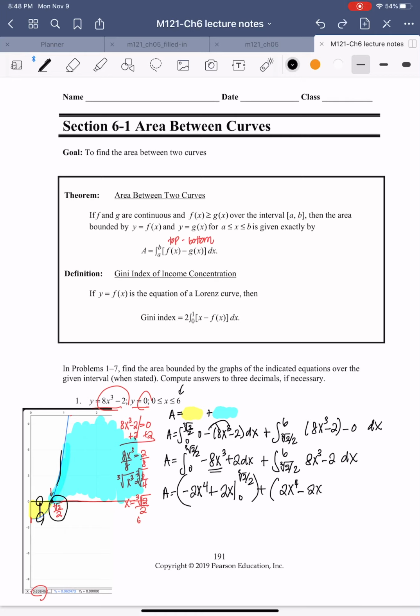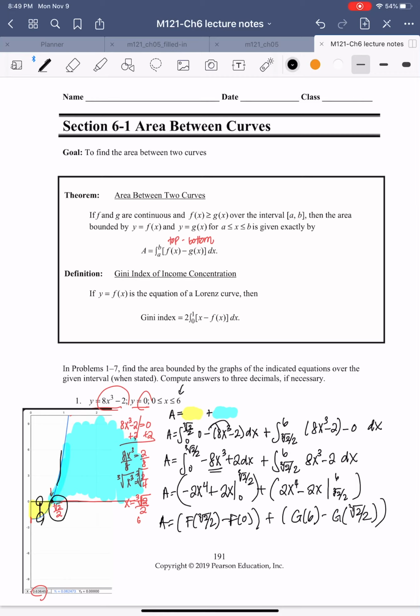I'm going to end up having 2x to the fourth minus 2x, evaluated from cube root of 2 over 2 to 6. Okay. Fundamental theorem of calculus, right? You have f of cube root of 2 over 2 minus f of 0. And same thing over here. I'll just use g because they are different functions. g of 6 minus g of cube root of 2 over 2.